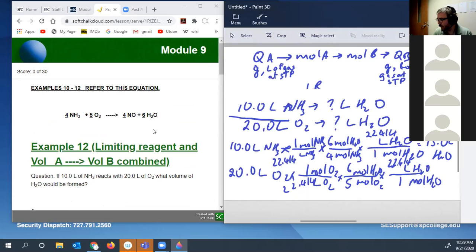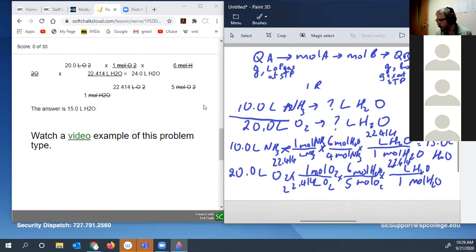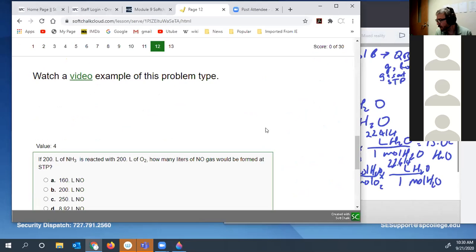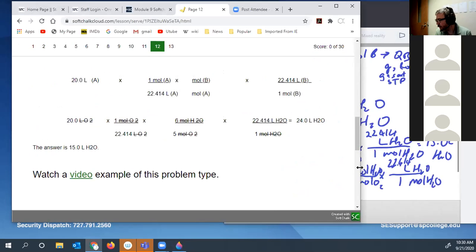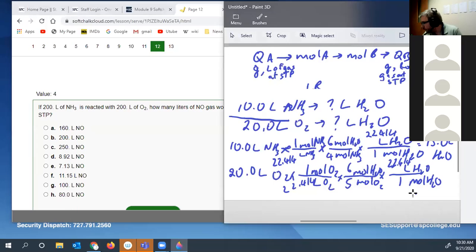And then our final answer there is 24.0 liters of water. Okay, 24.0 liters of water is how much we get from the O2, and then 15.0 liters of water, that's what we get from the NH3.